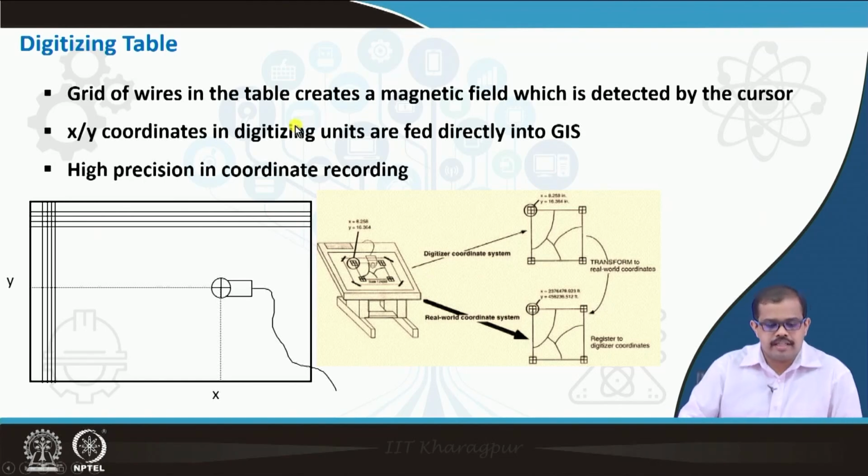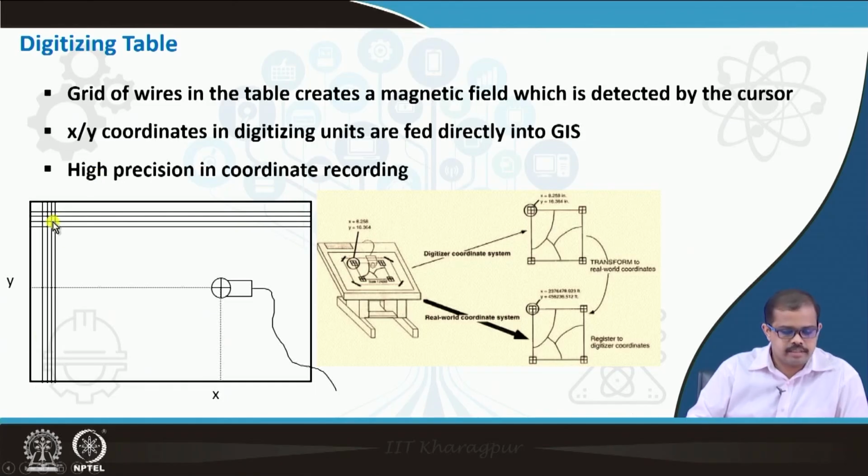When you look at the entire digitizing table, you have a grid of wires in the table that creates a magnetic field, something like this, okay. At the ends of this table you have the grid of wires. Then the XY coordinates in the digitizing units are fed directly into GIS software. You should have very high precision in coordinate recording, otherwise you are going to be horribly wrong.